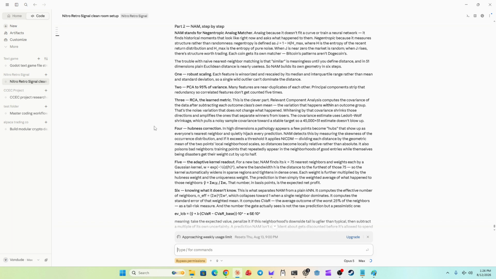So it's not just, oh, does this look like that? It is doing that, but it's also doing a lot more behind the scenes to go, hey, is this even worth it on a broader level? What is the full market doing? What is each coin doing? And it's taking on those calculations.